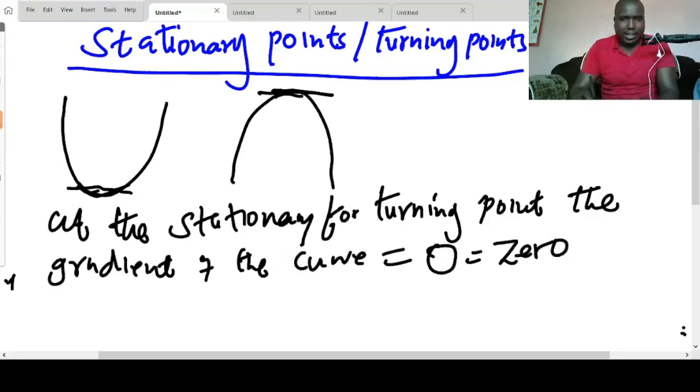That is the key word. At the stationary point, at the turning point, the gradient function is equal to 0. Mark that and know that.